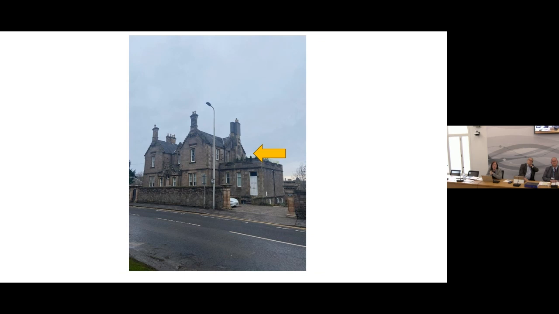This is looking at the property from the Dundee Road. As you can see, a large villa that's been converted into 5 individual apartments. This one is on the upper floor where the yellow arrow is, and that roof area that you can see is an outdoor space that can be accessed from the flat at the upper floor.